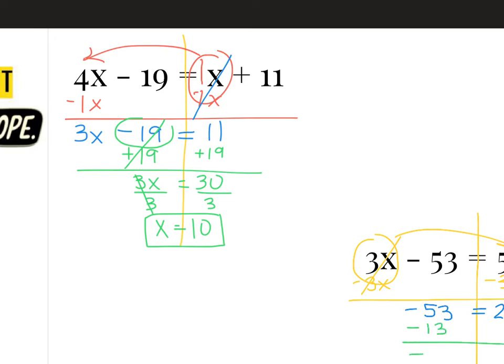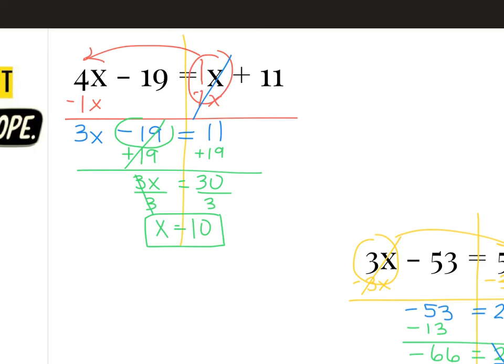When I do that, I end up with negative 66 equals 2x is still on the right. I'll divide by 2 to cancel that 2 that's getting multiplied with the x. Divide by 2, and that would give me an answer of negative 33 equals x. Or I can say x equals negative 33. Same thing. Okay? All right.